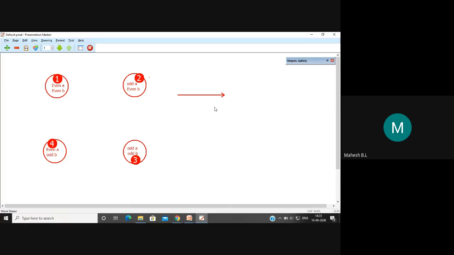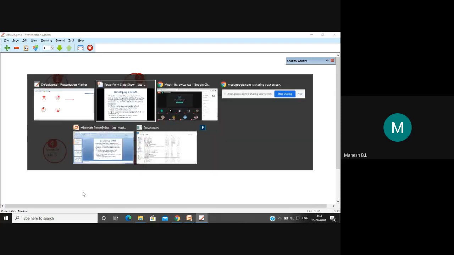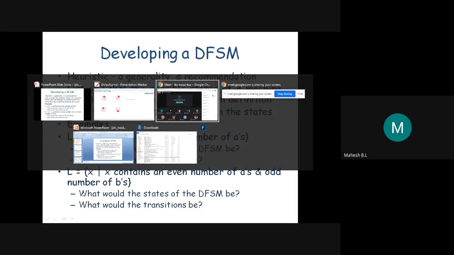Now let me ask a few more questions. Here in this DFSM, you can see there are 4 states. Out of these 4 states, tell me which is the initial state and which is the final state. Give your answer.